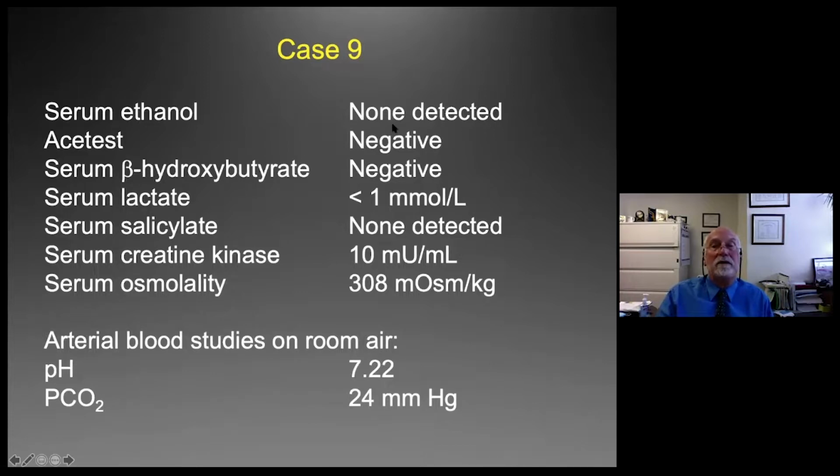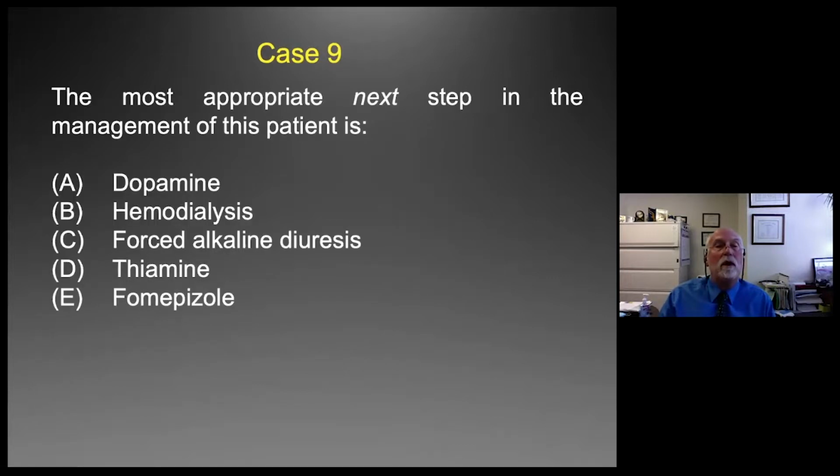You get back other results showing no alcohol, negative acetone, negative beta-hydroxybutyrate, negative lactate, no salicylate, normal CPK, serum osm of 308, and you get back his blood gas, which shows acidemia, pH 7.22, and a PCO2 of 24.